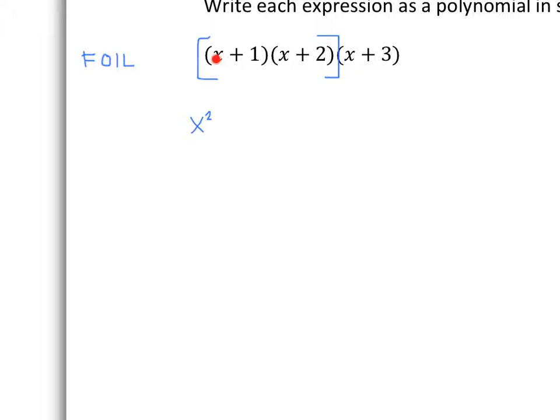Well, outside terms, x times 2 gives us what? 2x, good. All right. Holden, we've got inside terms, so 1 times x, what is that? 1x, good. And then Ty, our last terms, 1 times 2 give us 2.